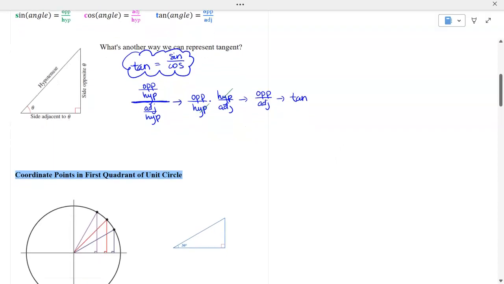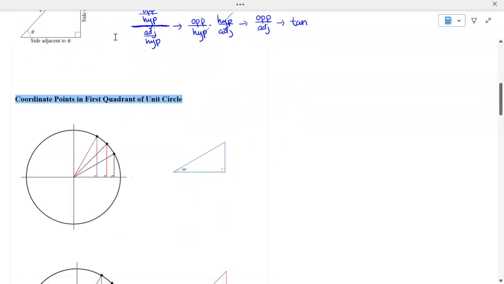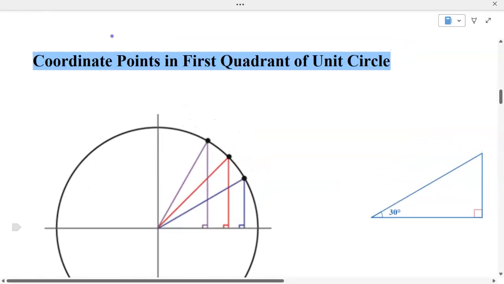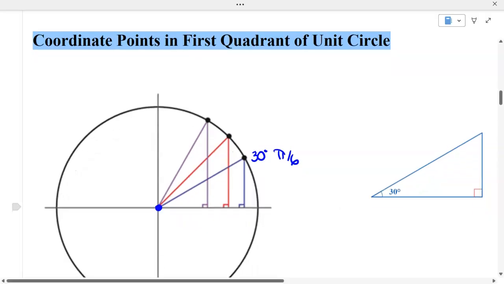Okay, so now we actually want to look at each individual triangle that we have here in our first quadrant. So if you remember, our first point right here around the unit circle is going to be at 30 degrees or at pi over 6 radians. And if we remember from our unit circle, by definition, the radius is 1 and it is centered at 0, 0.